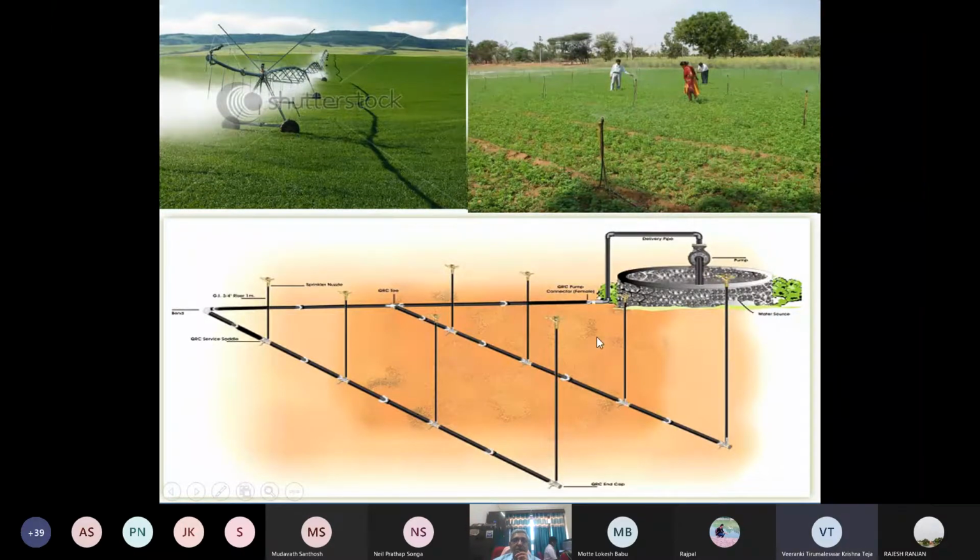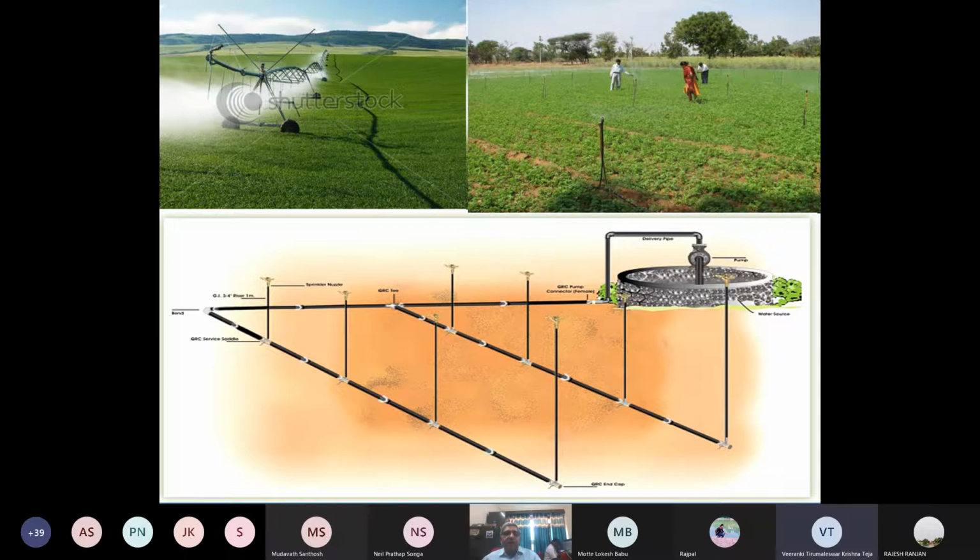So this is a simple kind of system which you are seeing, which is adopted by our Indian farmers, whereas in developed countries a different type of system is used where the size of the farm is very large. It could be 50 hectares, 100 hectares, and at a stretch the irrigation is given to such a large area.